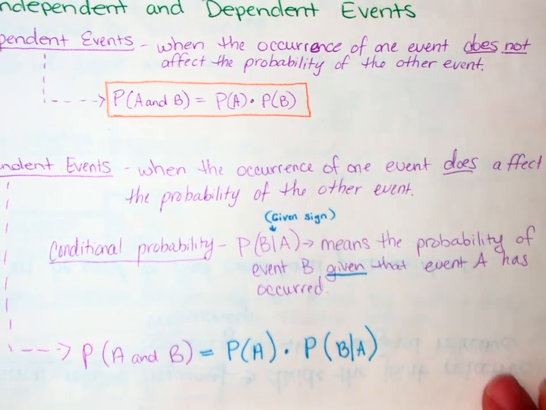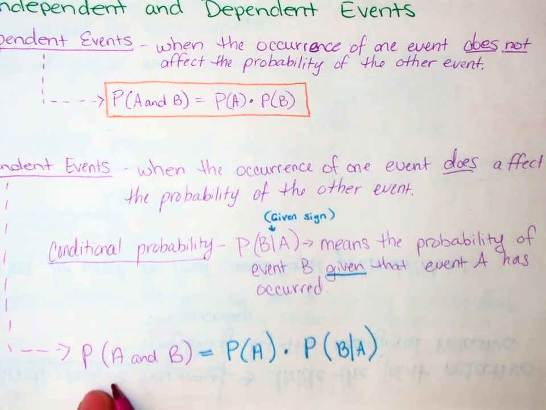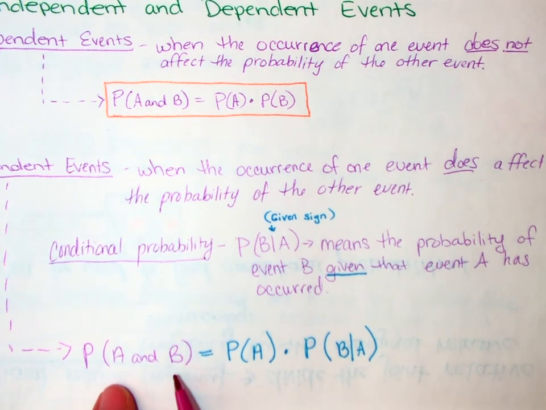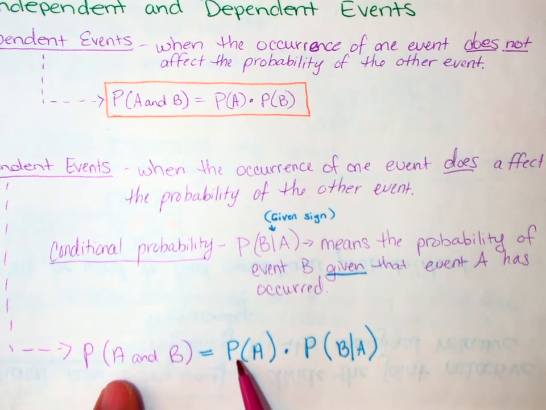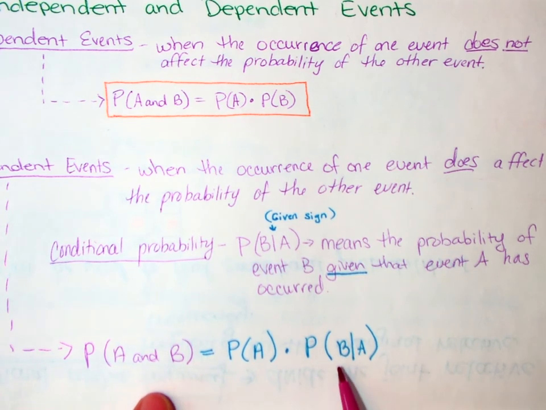Down here we have probability A and B, and they're dependent, so they depend on each other. So we would do the probability of A times the probability of B given A actually happened.